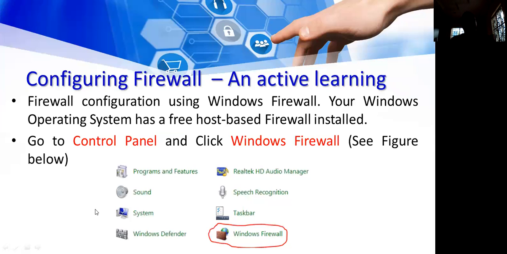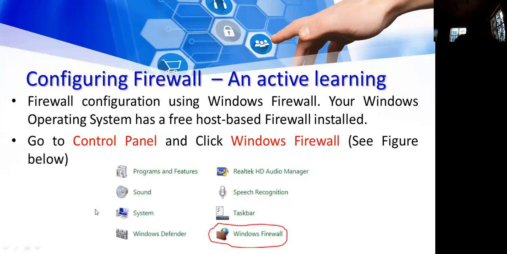So this kind of firewall here is what we'll consider as a host-based firewall, because it is embedded in your system, so it comes with your system. So you can use it to block or allow whatever communication that you want to take care of. So your Windows operating system has a free host-based firewall installed on it.